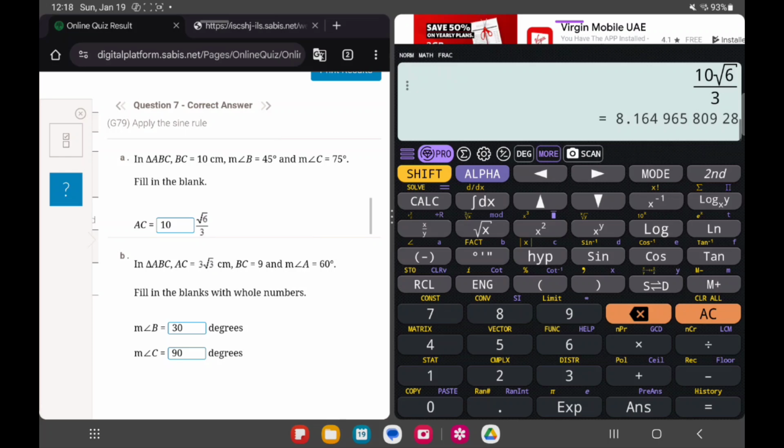And we get our answer, and it's the same answer as the one here. You just input 10 because they already give you radical 6 over 3.